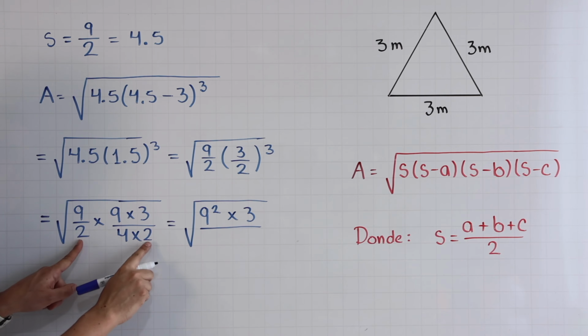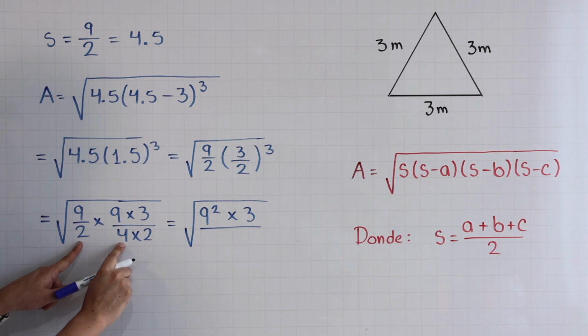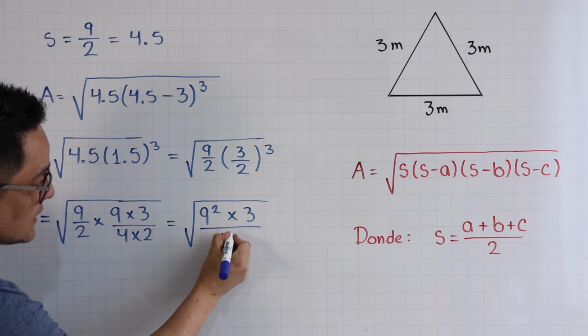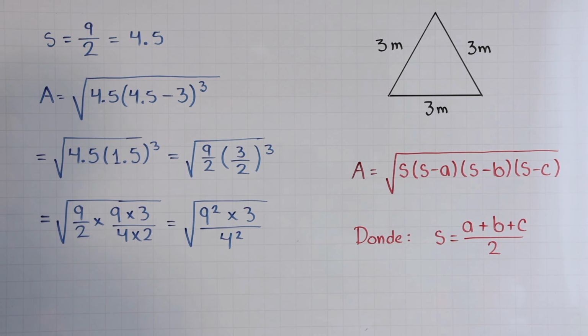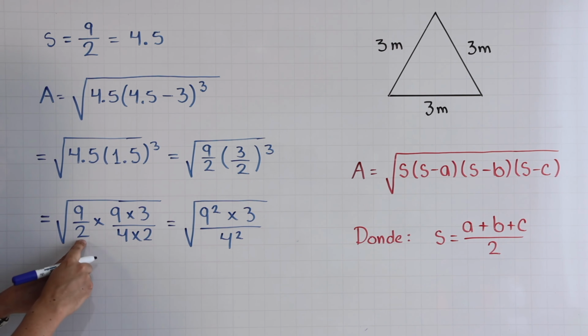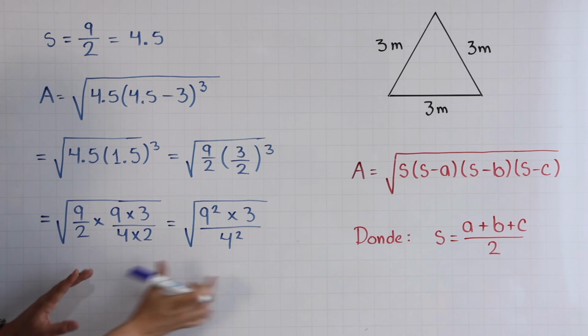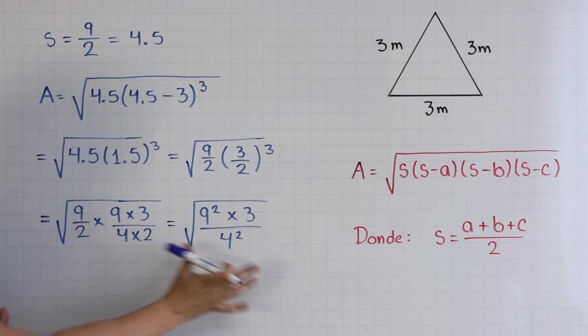I can write 2 times 2 first, which is the same as 4, right? So 2 times 2 is 4. Now, this 4 times 4 would be the same as writing 4 squared. So in the denominator, I'll write 4 squared. Look, 4 squared is 16. And here we have 2 times 4, which is 8, and times 2, which is 16. So these operations are equivalent, right?